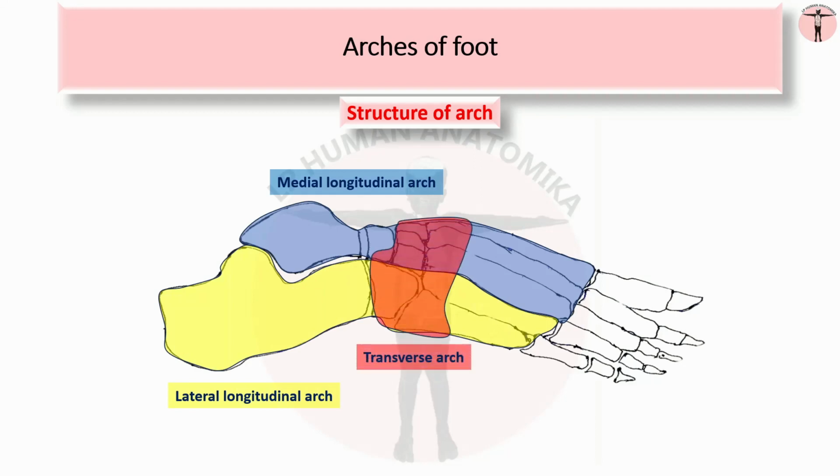The arch will have a summit, which is the highest point of the arch, and 2 pillars, the anterior pillar and the posterior pillar, which is present at a lower level and touches the ground when the foot is on the ground.